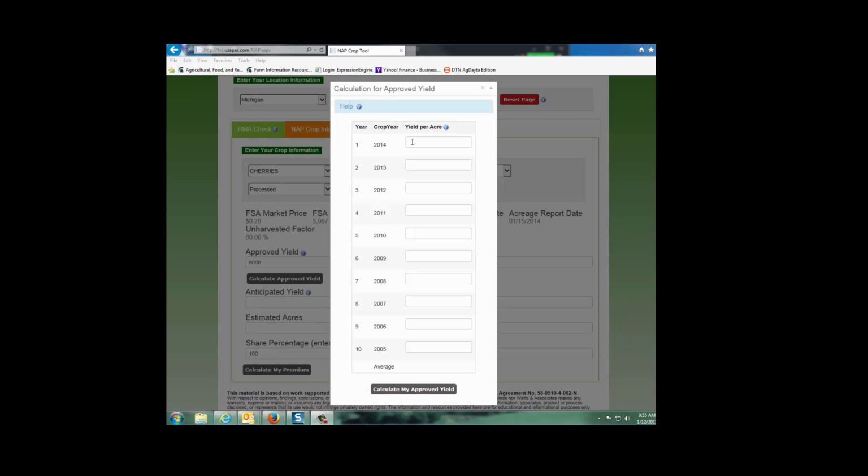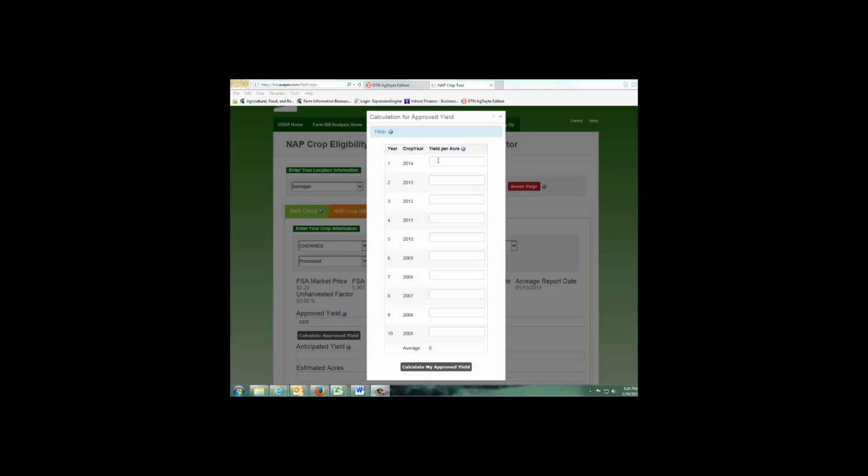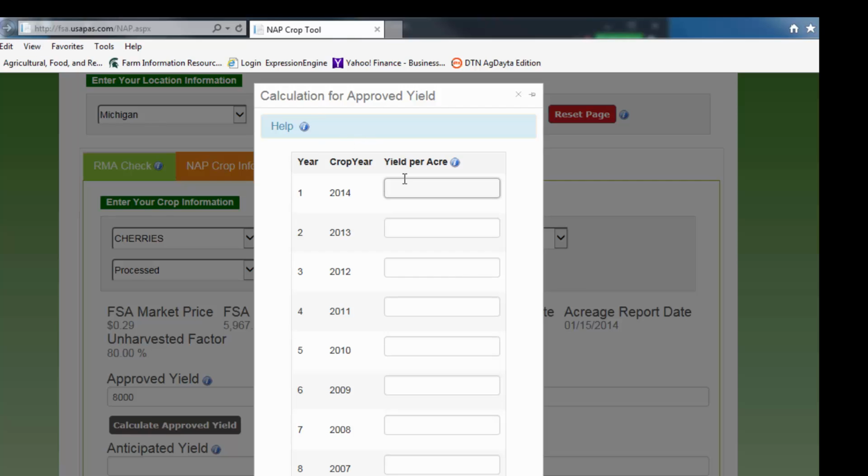It may come out just slightly different after you work with your FSA office. It is important when you go from section to section to use either your mouse or the tab key. It's important not to use enter, or bad things will happen. So I'll use the mouse and put in 9178. Again, this is an actual example.